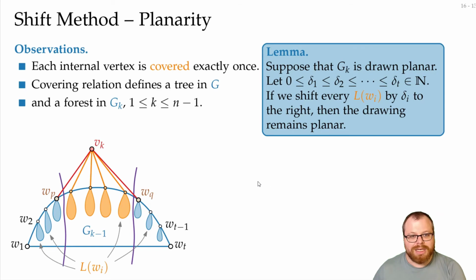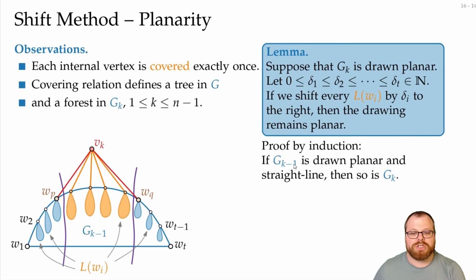So how do we prove this? In the beginning, when we only have G_3, then it's very clear. We have exactly 3 sets, so as long as we move them in this way, everything is still planar. So we can inductively assume that for G_{k-1}, this holds. And now we want to prove that if this lemma holds for G_{k-1}, it also holds for G_k. And how does this work?